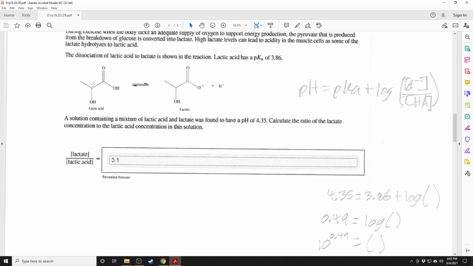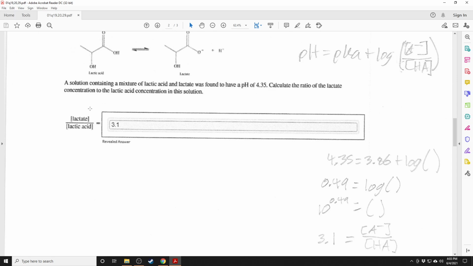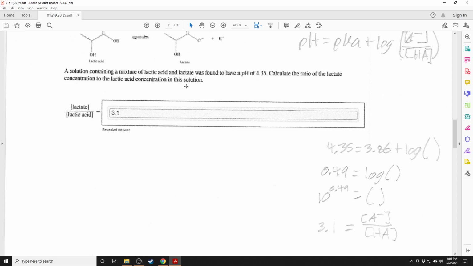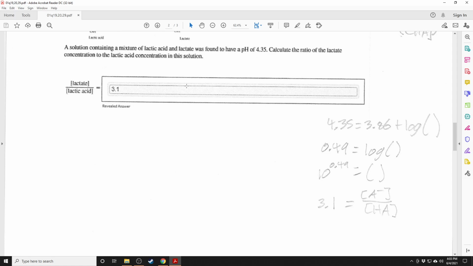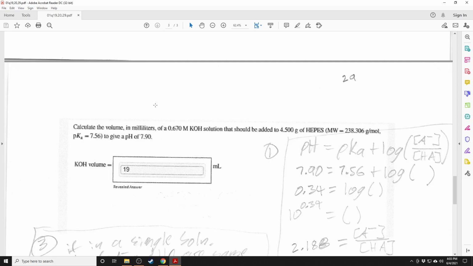And so this right here is your HA. This right here is your A minus. And so lactate, A minus, lactic acid, HA, and there you go. So you're actually just literally looking for that ratio in your Henderson-Hasselbalch. It's actually the easiest problem of the three.